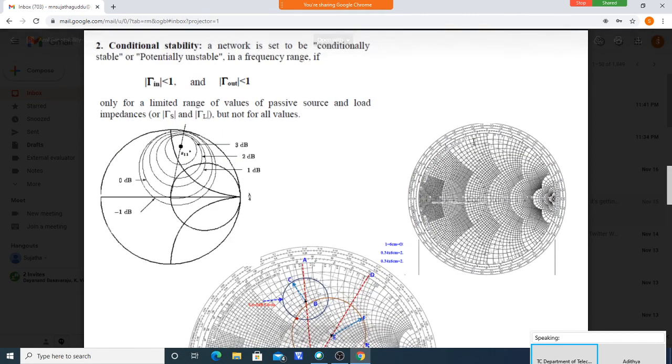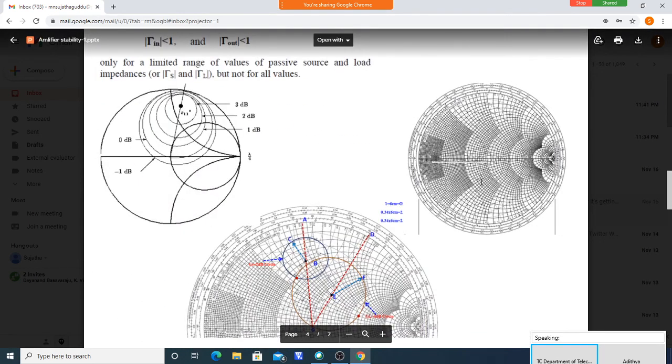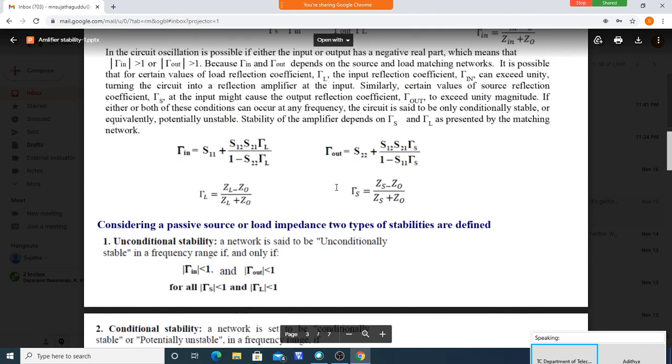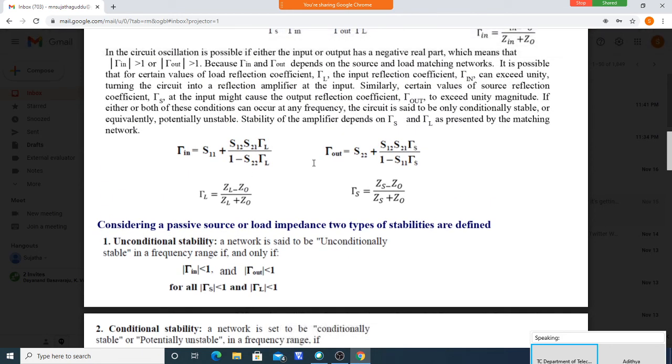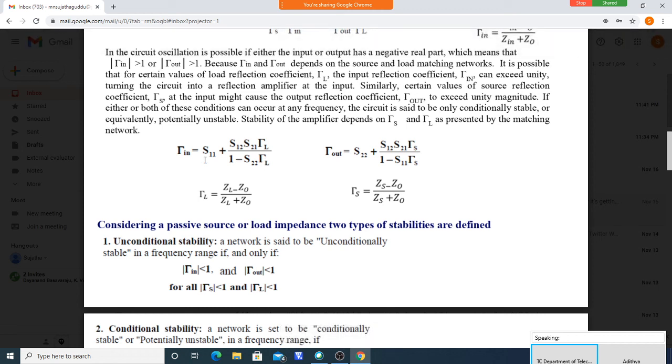For any impedance value you take, any ZS or ZL, put it in here and calculate. Doing it manually is not possible, but using a computer you can check it.